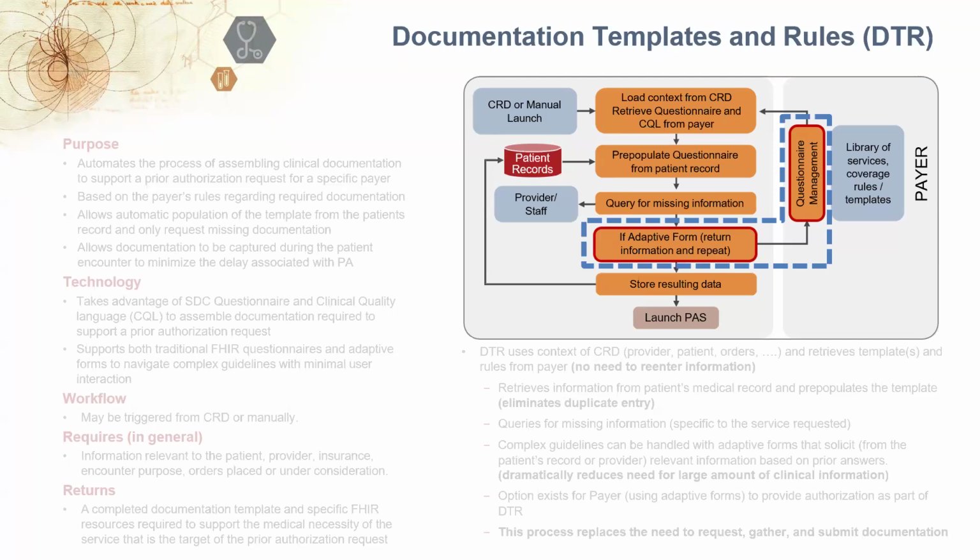Very sharp in terms of how it actually can make determinations from that, because it's not just sending back a questionnaire to be filled out and then the payer doesn't know any more about it. This is actually a very interactive process where the payer is making determinations as it goes as to what to ask next.